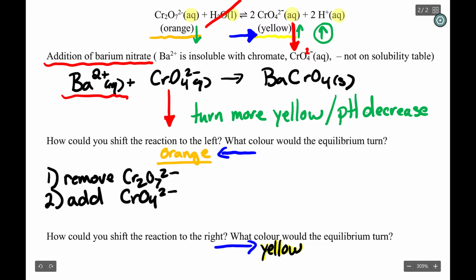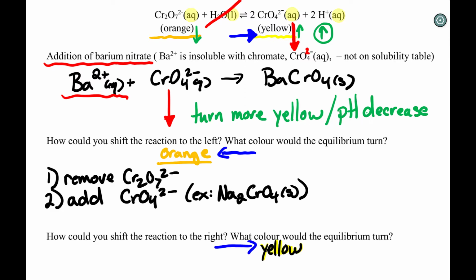If I add a product, it's going to shift towards the reactants. So I could add, for example, solid sodium chromate to the solution. It would dissolve, the chromate goes up and it shifts to the left.